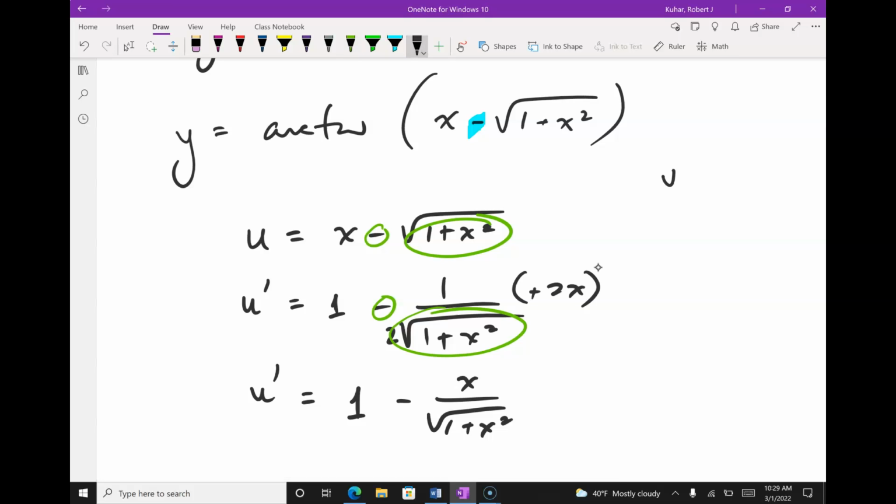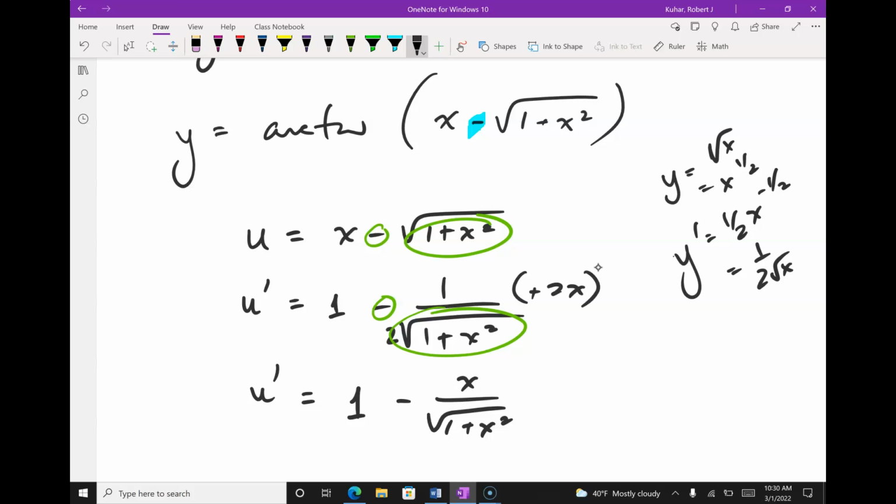It's easy to think of this here. Y equals square root of x is x to the 1/2. So y prime is 1/2 x to the minus 1/2, or 1 over 2 rad x, right? And so now all I'm doing is changing the inside. But then I still need the derivative of the inside.